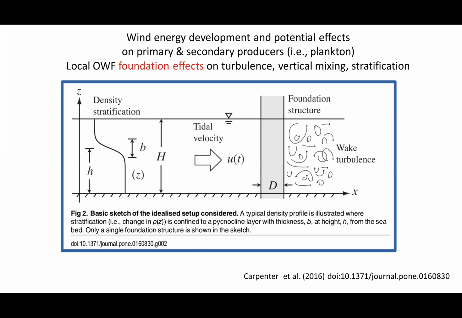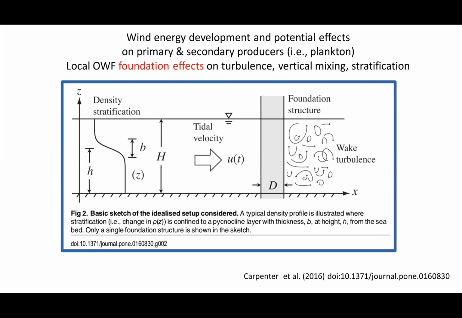I won't go into the detail that was covered yesterday, other than to emphasize that everything we saw yesterday in terms of the perturbations that occur in the water column can affect phytoplankton and zooplankton in many different ways. So wind wakes that are occurring from turbines, if they impact water column turbulence, that can impact the manner in which zooplankton and phytoplankton interact.